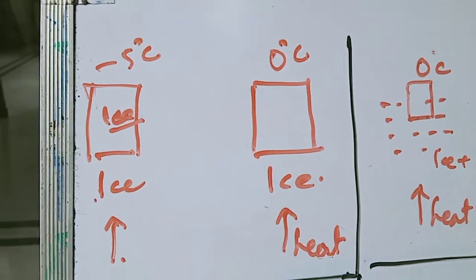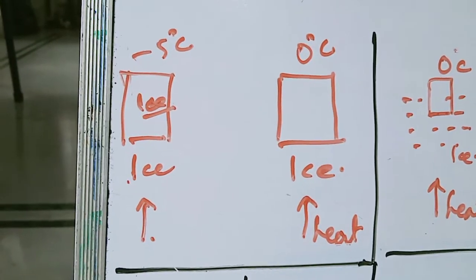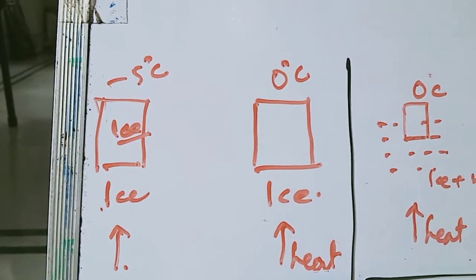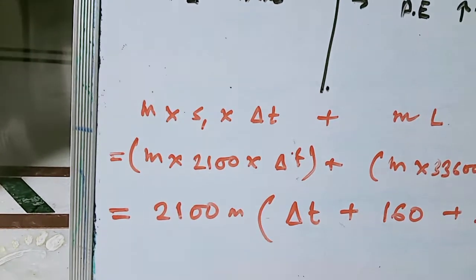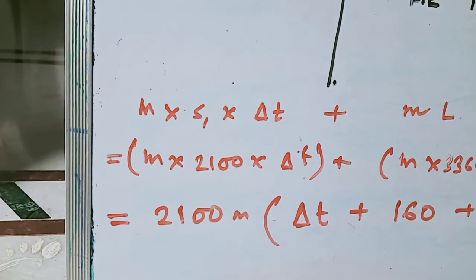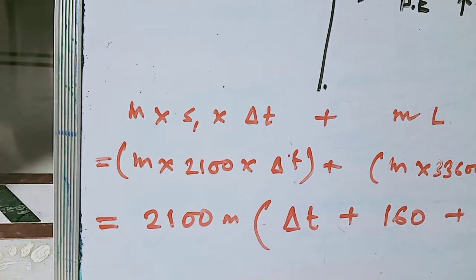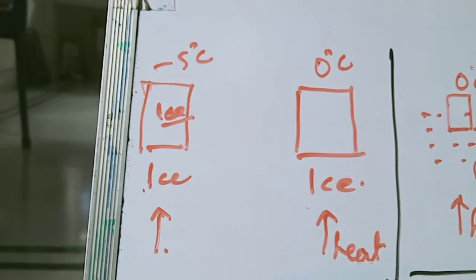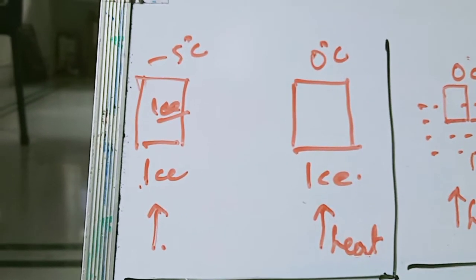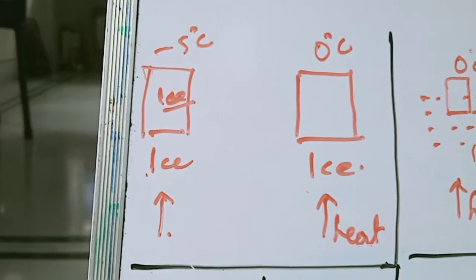Now what will be the heat energy required to convert ice at minus 5 degrees Celsius to 0 degrees Celsius? That is equal to mass into specific heat capacity of ice into change in temperature. That gives the quantity of heat required, and heat is provided to the system.